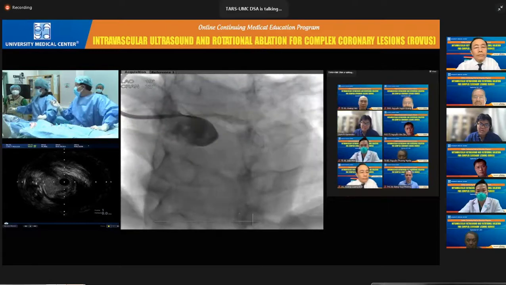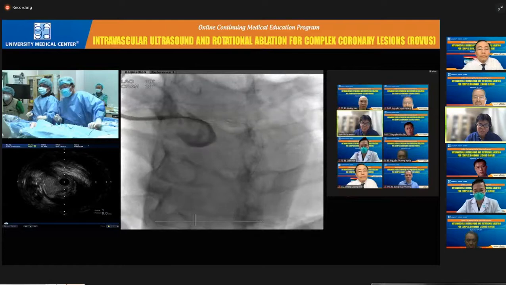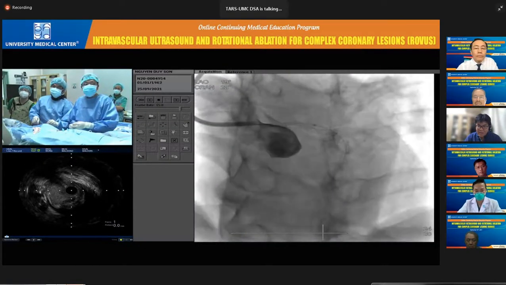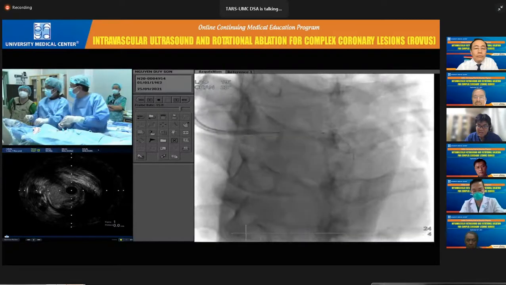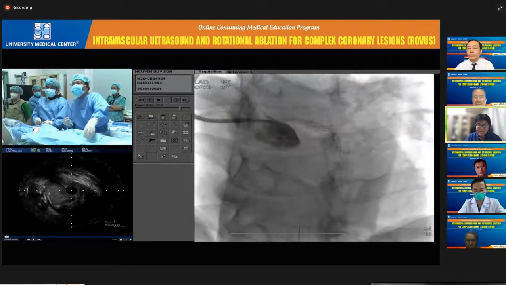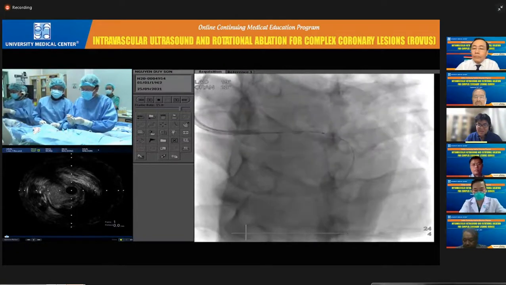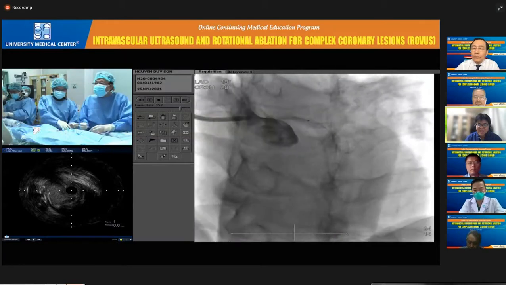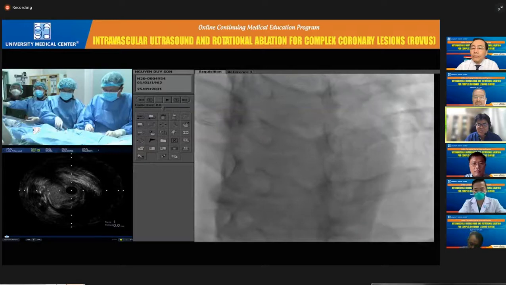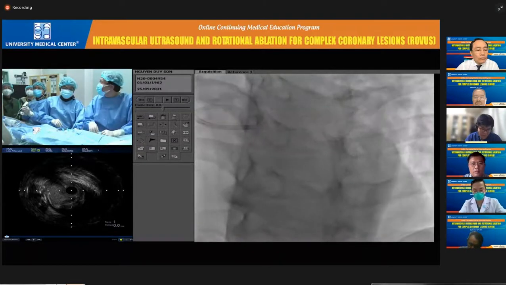So please change to the LAO view. I think the LAO 40 degree is a default view to identify the ostium of the left main coronary artery.